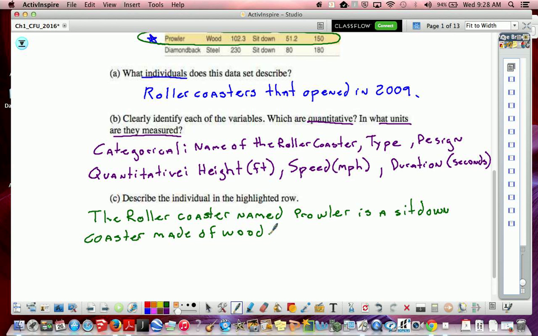Okay, so I got my first sentence, and just to check, I took care of the name, I took care of wood, and I took care of sit down. So I actually went with all the categoricals as my first part of my description.